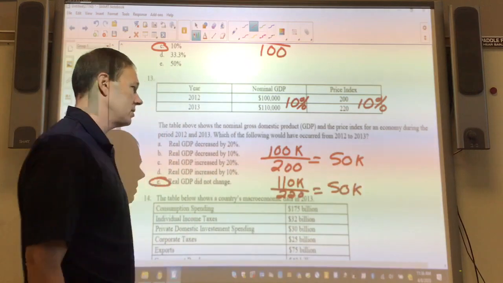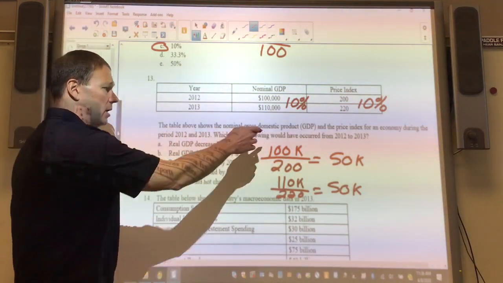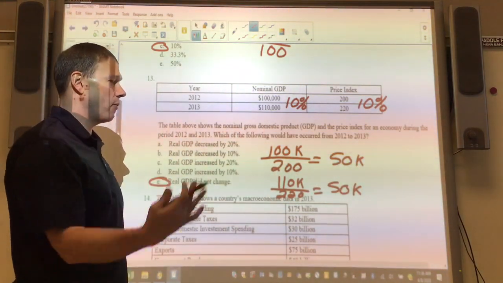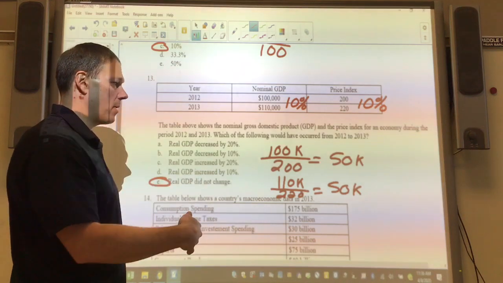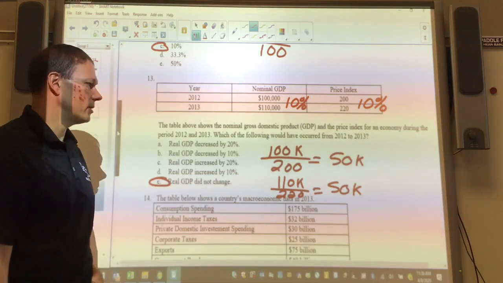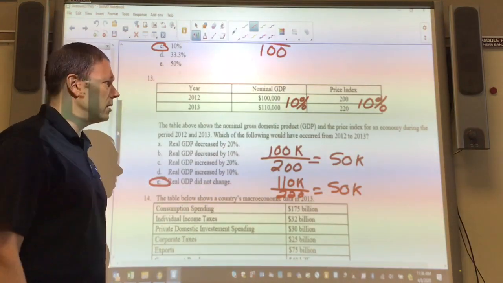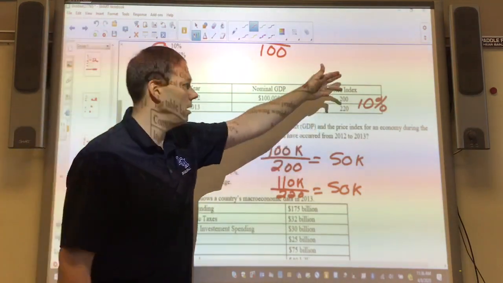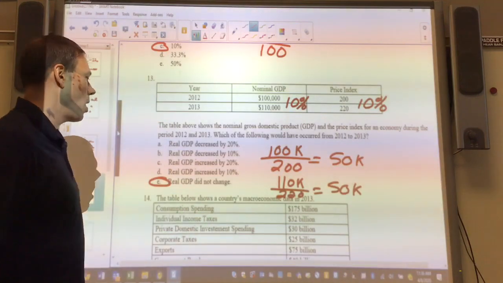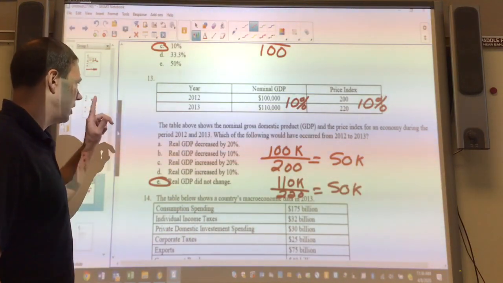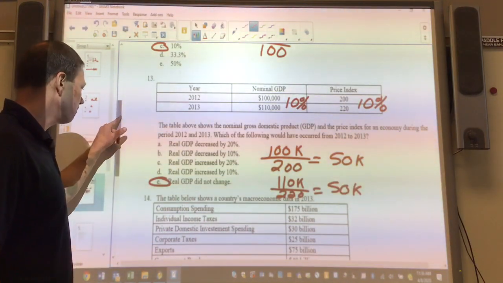So real GDP is the same from one year to the next. Again, I know I did that quick. That's just using the formula nominal divided by real equals the deflator and that kind of stuff. So you can use that formula or just look at it the way I did, which is this went up by 10%, this went up by 10%, so it was kind of a wash. Real GDP does not change. So number 13 is E.